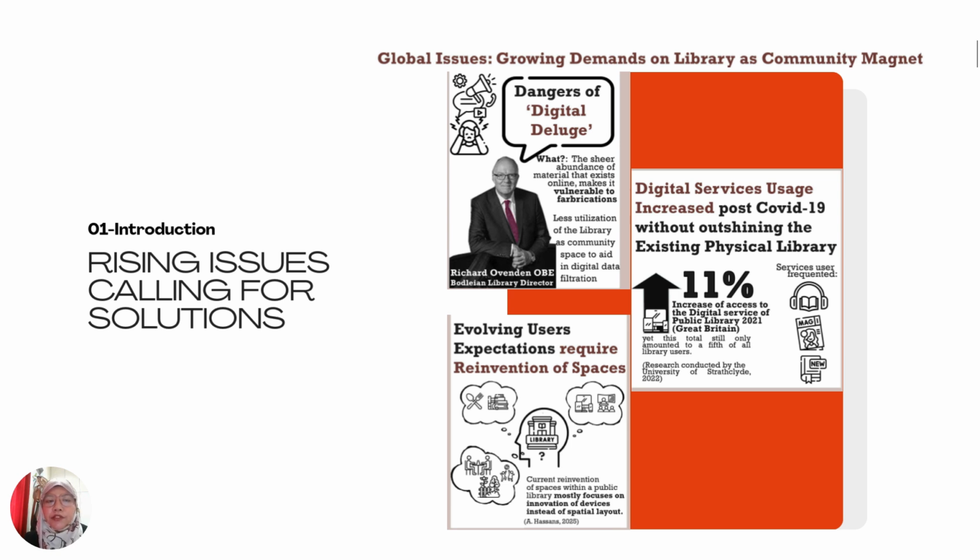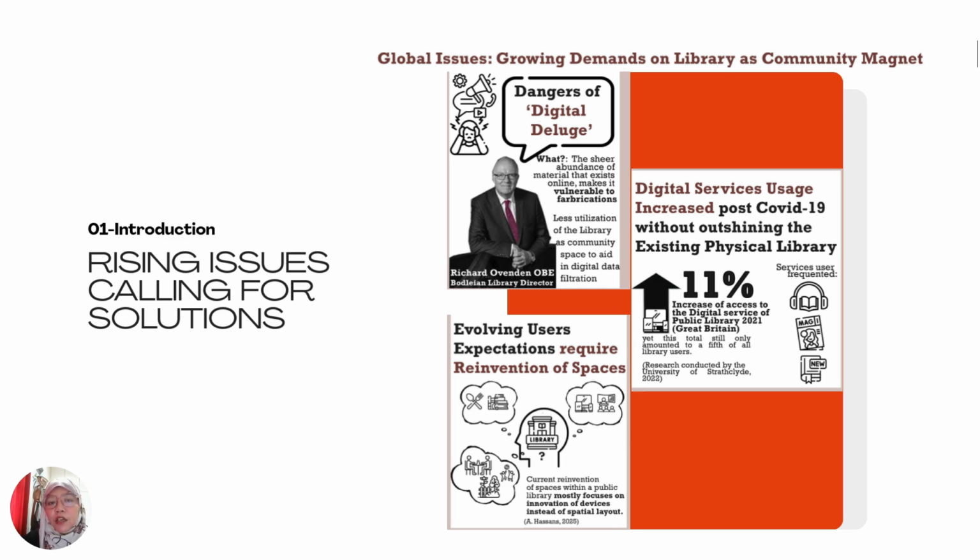Firstly, the introduction is more on the rising issues which call for a solution, and it is why I decided to go through with this topic. First, the focus on using the Kolb Learning Style Inventory is to help counter the global issues related to the growing demands of the library as a community magnet.